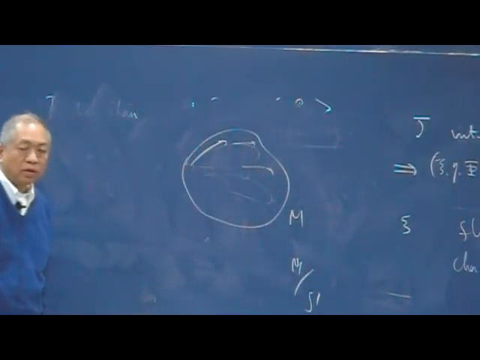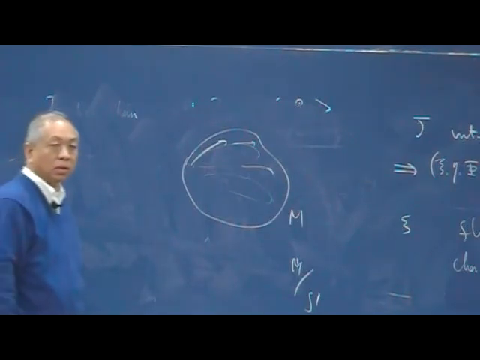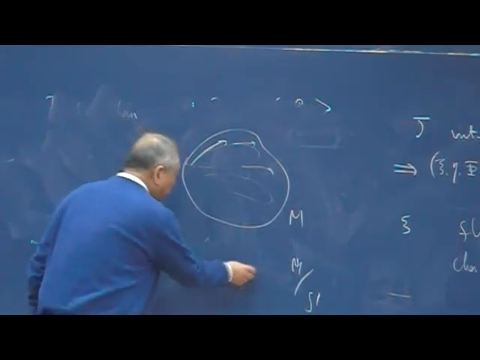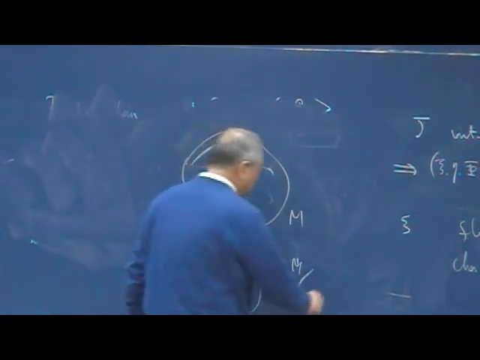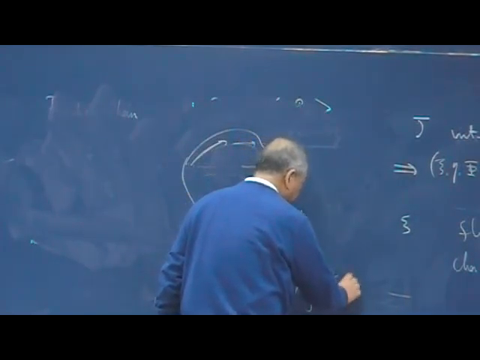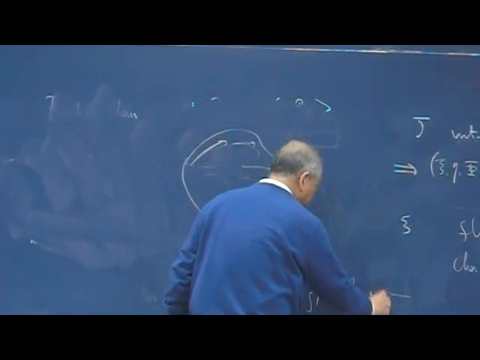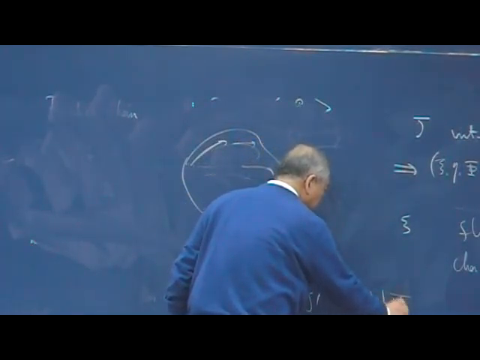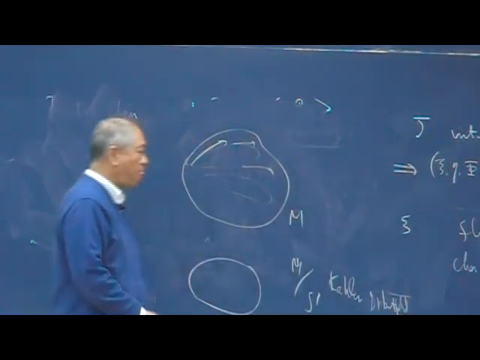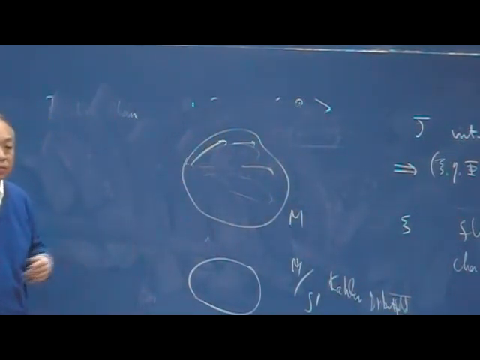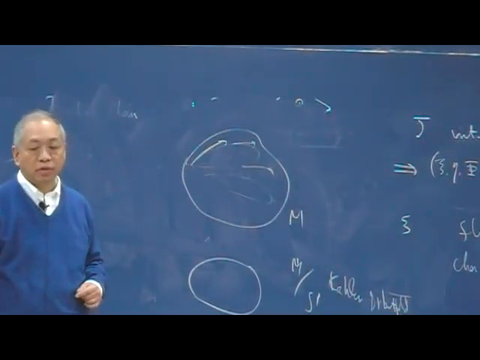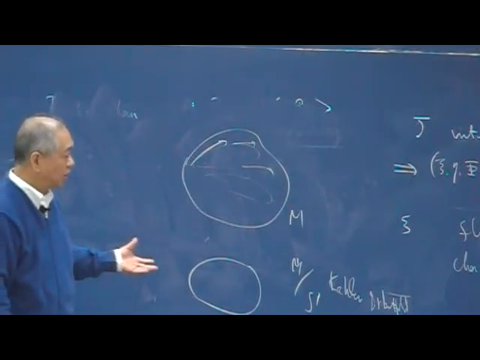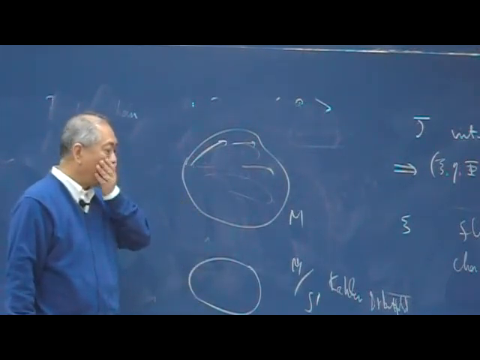There's an orbifold, and this orbifold is Kahler. So it becomes a Kahler manifold with singularity, and the singularity is like an orbifold singularity.